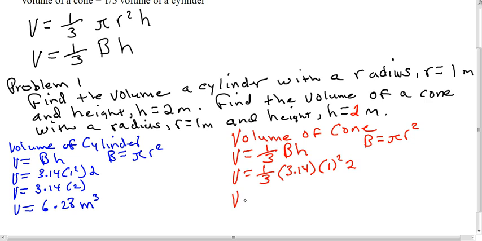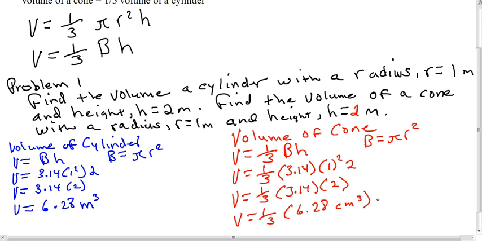So here I have V is equal to 1/3. We know 1 times 1 is 1, and 1 times 1 is 1, times 2 is 2. So that's going to give me 1/3 of 3.14 times 2. Well, that says that my volume here was 1/3 of 6.28, and then these are meters cubed.